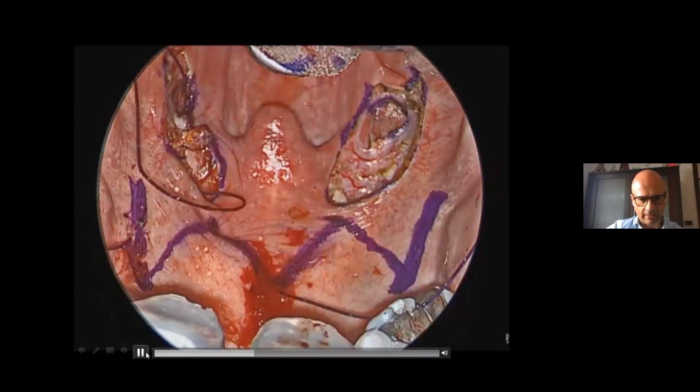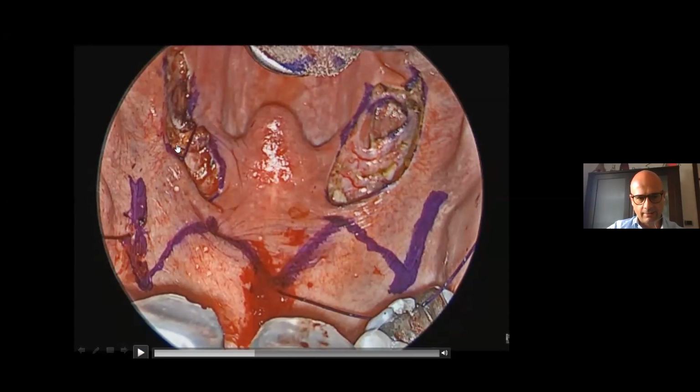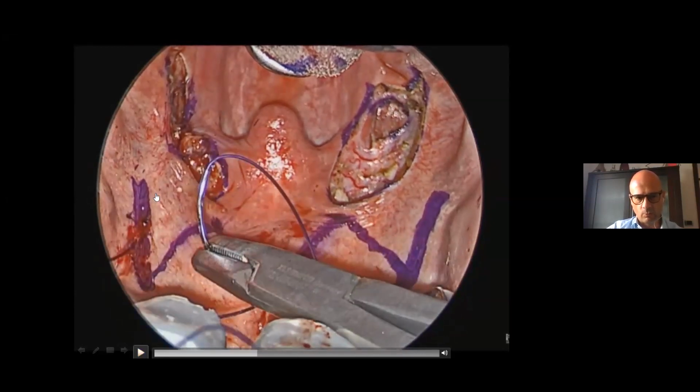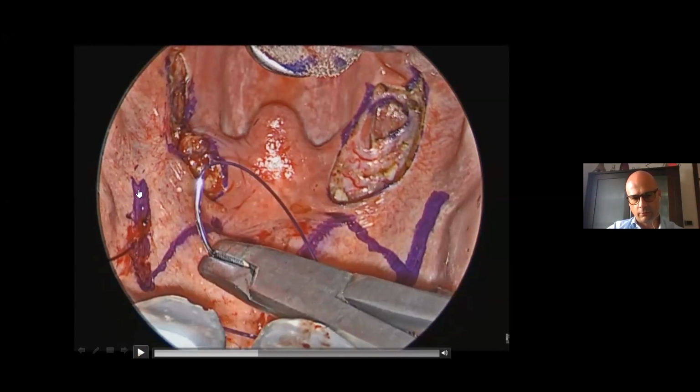In this case, the first bite, the first step, it's important to exit as high as possible in order to move laterally and superiorly the pillar. We pull up and we move without knots the posterior pillar towards the raphe in this way.